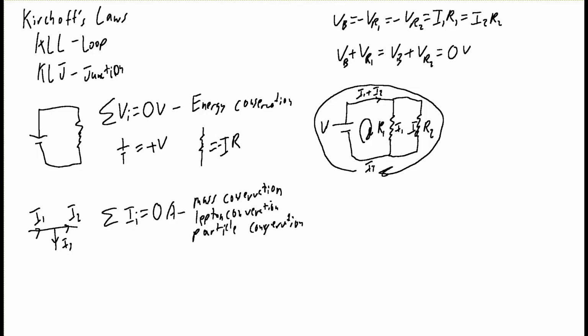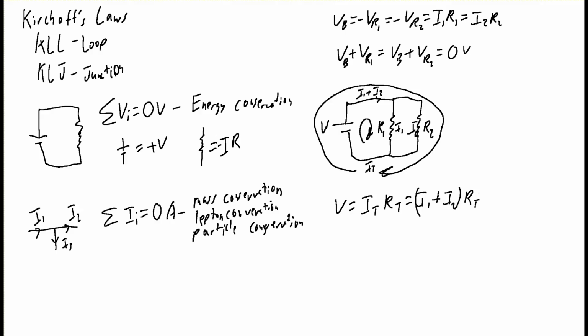We can combine these together into one resistor, so that means that V is equal to I total R total, and I total is equal to I1 plus I2.